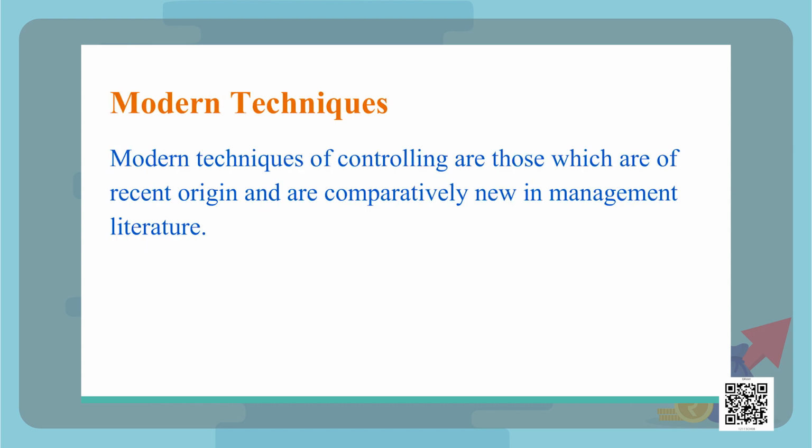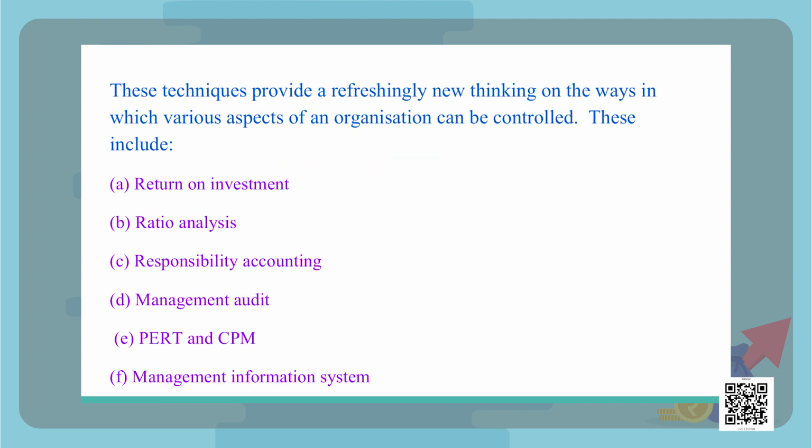On the other hand, modern techniques are those which have come into use recently and their use has been increasing day by day. These techniques provide a refreshingly new thinking on the ways in which various aspects of an organization can be controlled. Now, let us discuss the various types of traditional techniques.